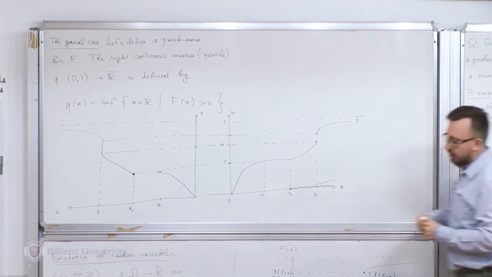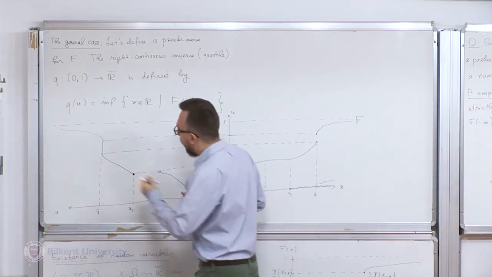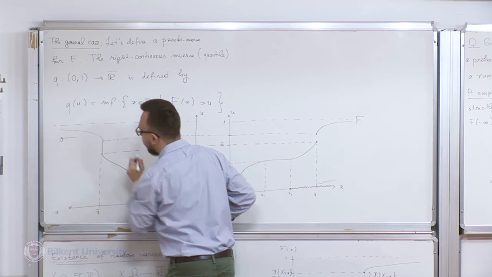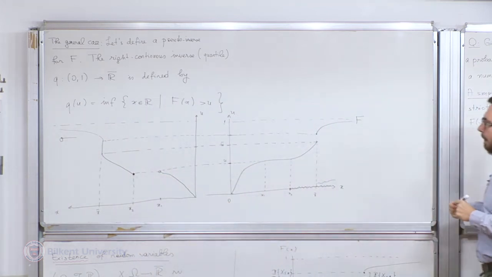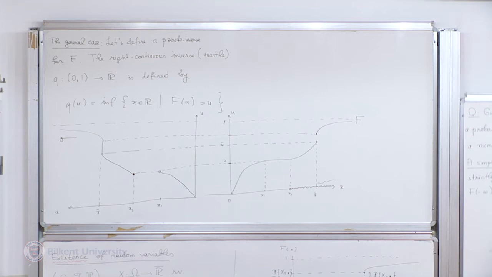So this is the picture for Q. Let me write it this way. So it is more or less an inverse function, but it is also well defined in the cases where f is not invertible.